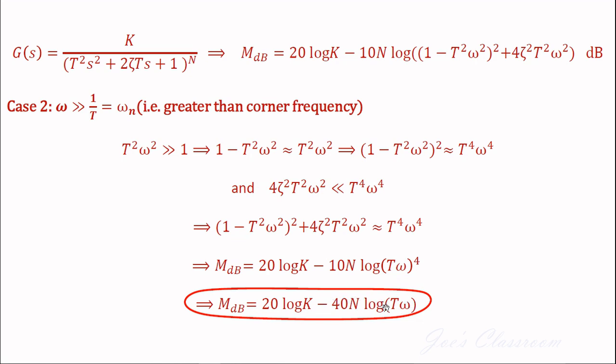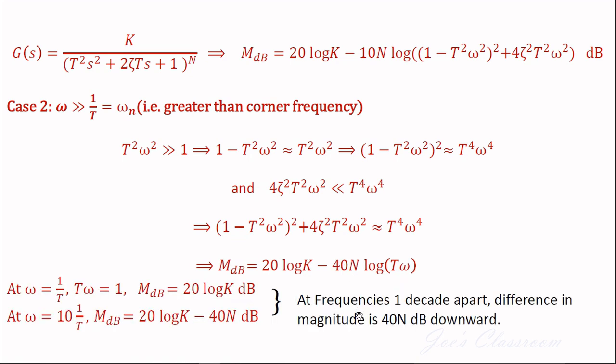So what is going to be the slope of this? Of course, this is a straight line, and by looking at this equation of the straight line itself, you should be able to say that the slope of this line is going to be minus 40n. If you still have doubt, you can take two frequencies one decade apart, one at 1 by t and another at 10 times 1 by t, and calculate the gain in decibels.